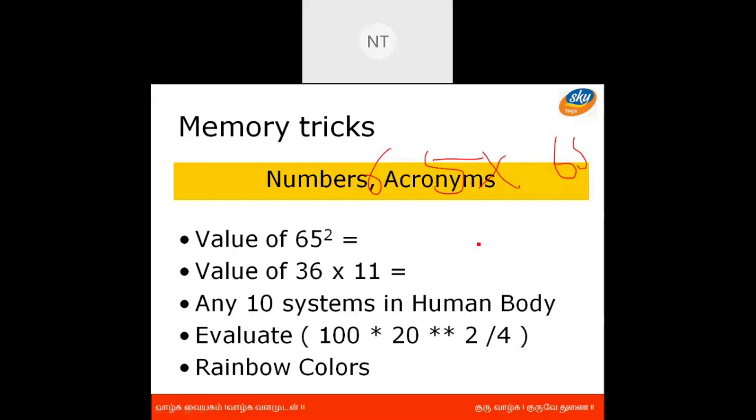Likewise, we have some procedures that we can make into acronyms. Acronyms means you can change the words into abbreviations so that they are easy for you to remember. By remembering the abbreviation, you will know the details of those particular words. Here are some points I am going to give you, like the value of 36 by 11.